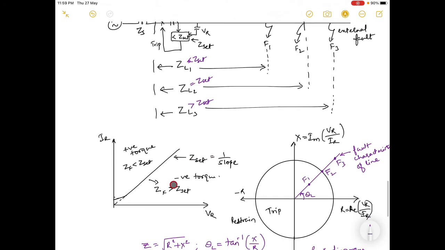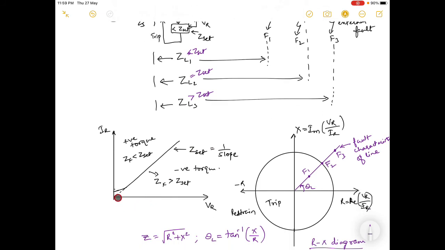Now actually it should have started here, but we need a starting current; zero current is not sufficient. We need some small amount of current to overcome the effect of the spring.